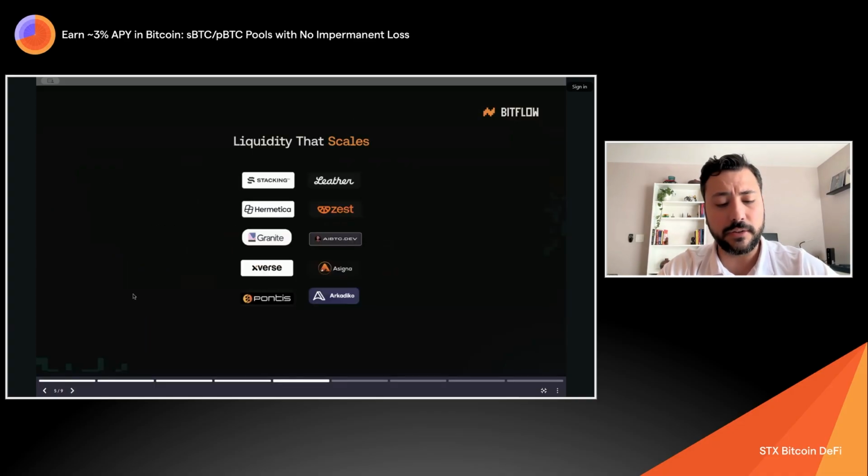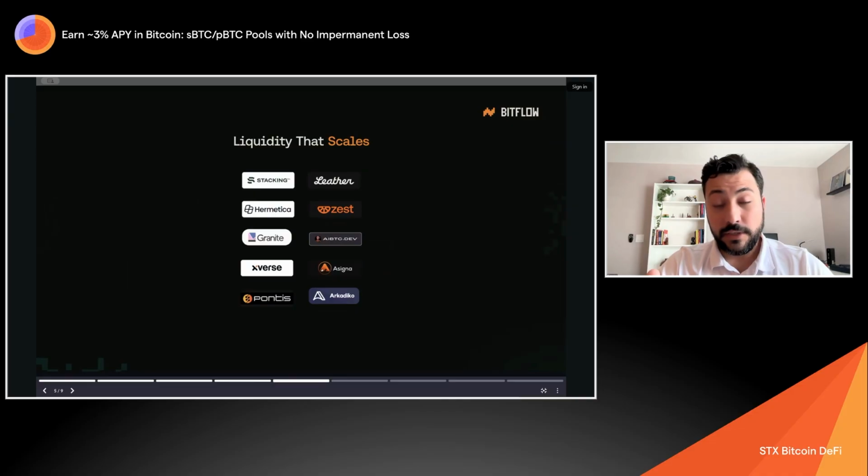The other thing is our liquidity infrastructure is used by Stacking DAO, Ledger, Hermetica, Zest, Granite, and so forth. That is key to driving the transactions and the fees we're going to go over today. If you're swapping on Ledger, that swap is powered by the BitFlow SDK. Hermetica swaps on their app are also powered by the BitFlow SDK.